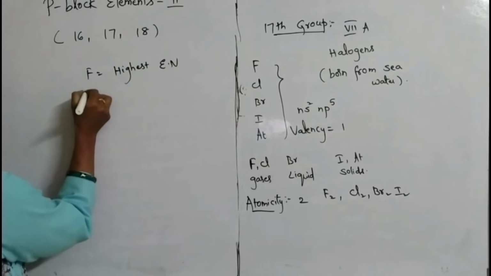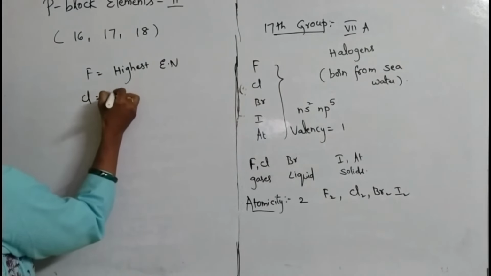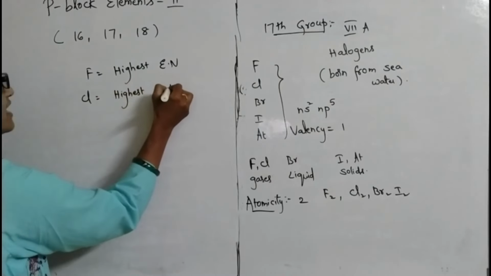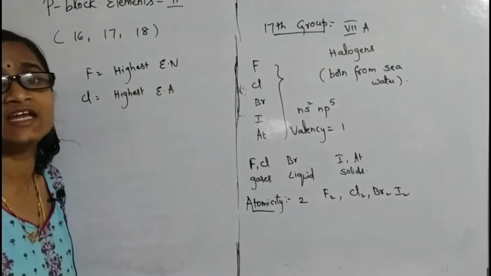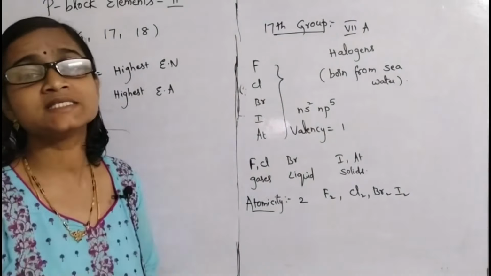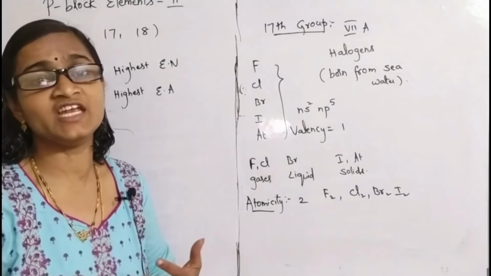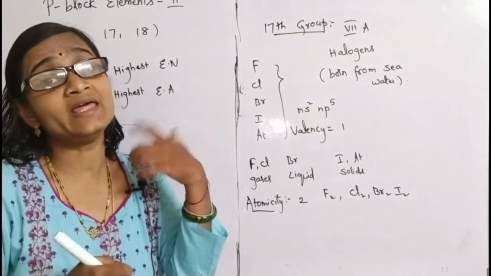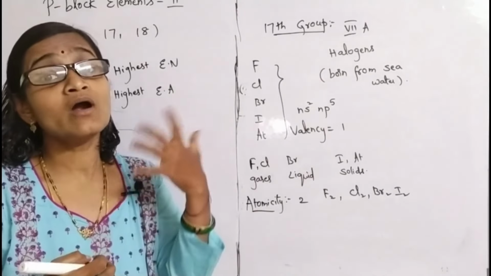And chlorine is the element with the highest electron affinity. Please understand the difference between electronegativity and electron affinity. Electronegativity is the tendency to attract the shared pair of electrons in a bonded atom.